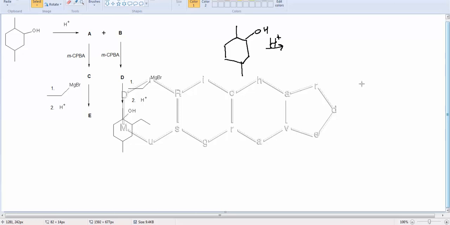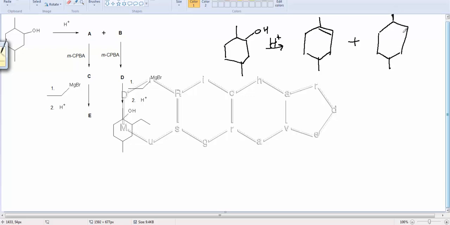So those alkenes would look a lot like this. There'll be this one. And there'll be this one.